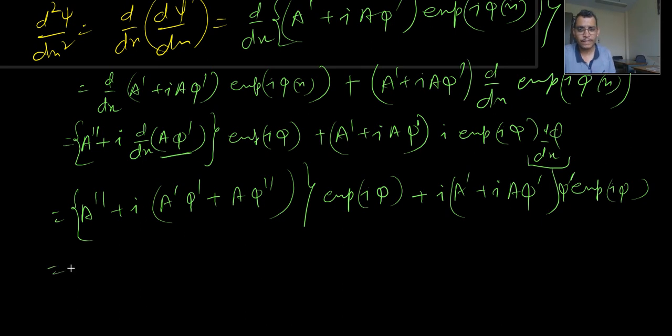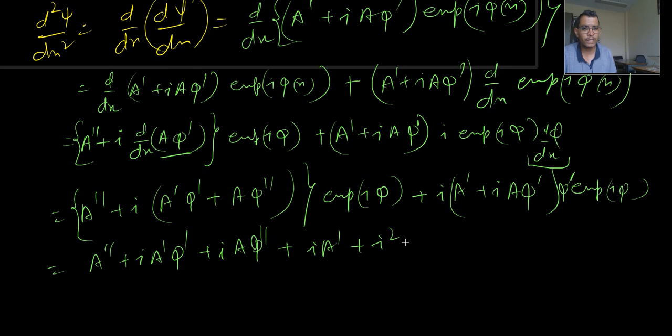So it is equal to a double prime plus iota a prime phi prime plus iota a phi double prime plus iota a prime plus iota square a phi prime, multiplied here by phi prime, and outside I can take exponential of iota phi.